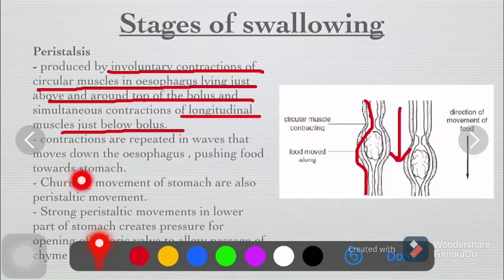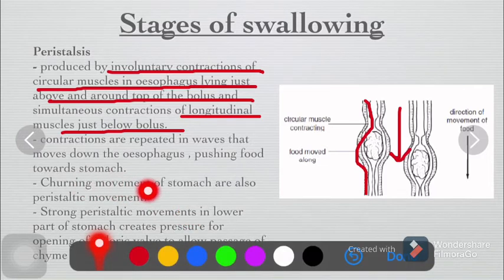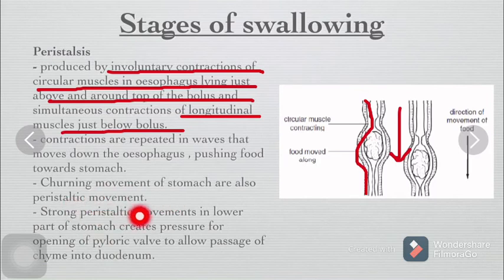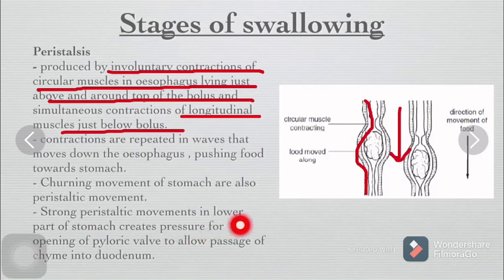Churning movements of the stomach are also peristaltic movements. So it's not just the esophagus where peristalsis is occurring, also the stomach, which is often seen creating churning movements, has peristaltic movement. Strong peristaltic movement in the lower part of the stomach creates pressure for the opening of the pyloric valve to allow passage of chyme into the duodenum.